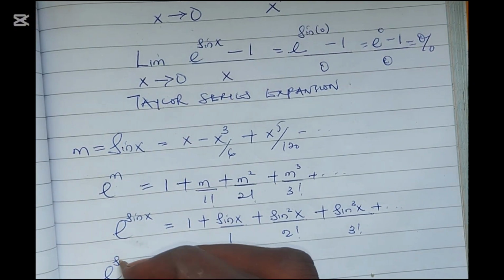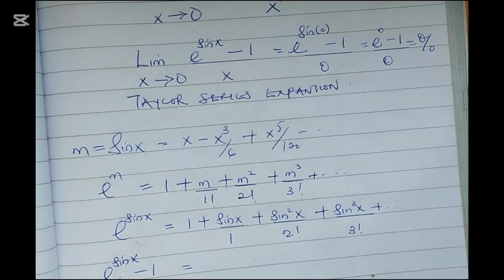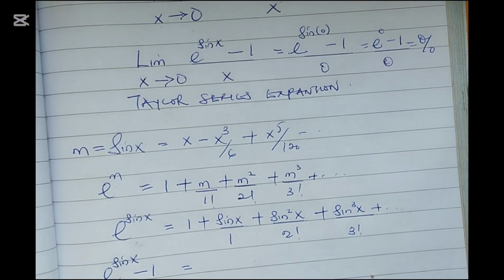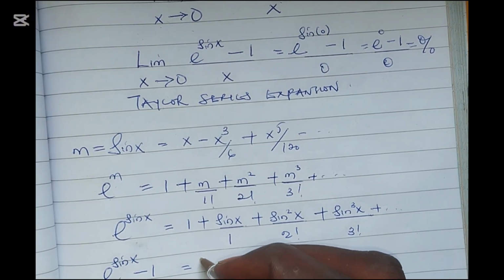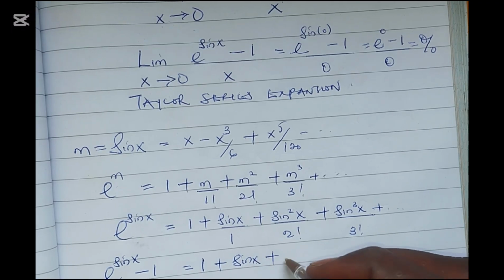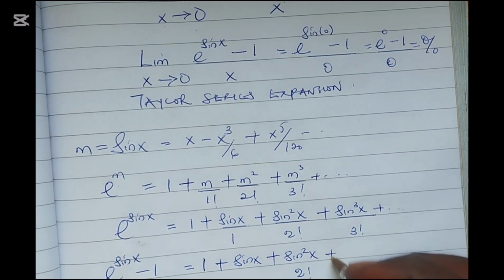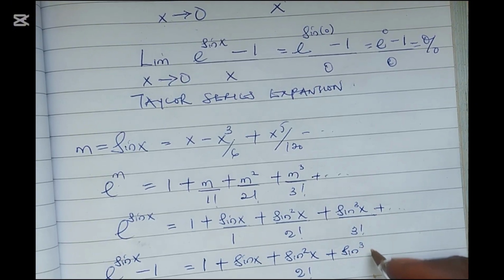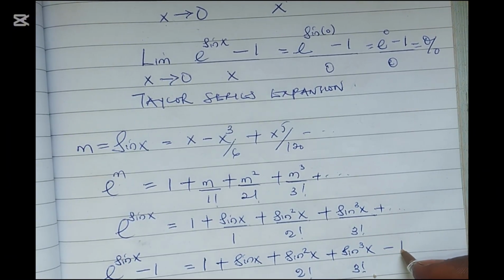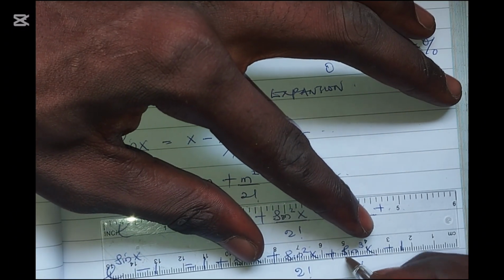So we have e to the sine x minus 1. Because I remove 1 here, I have to do so on the other side so I don't alter the equation. So we have 1 plus sine x plus sine squared x all over 2 factorial plus sine cubed x all over 3 factorial, and we are subtracting 1.